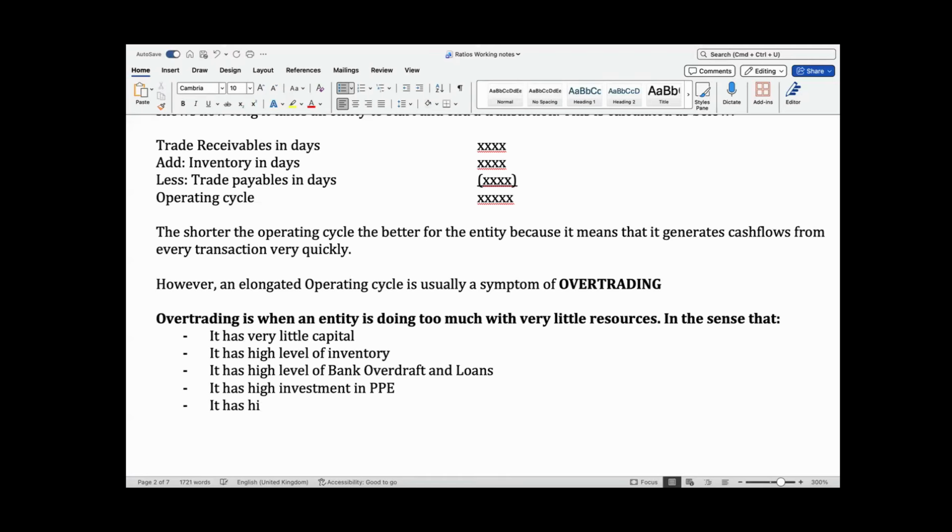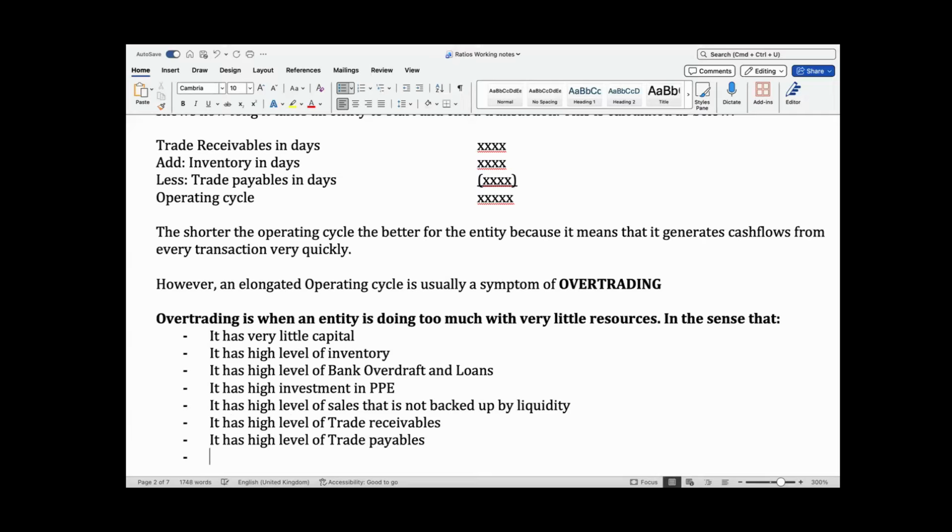It now has high level of sales that is not backed up by liquidity, by cash. So you now find out that this company has high level of trade receivables. And of course, because it doesn't have money, it would definitely be owing its suppliers.